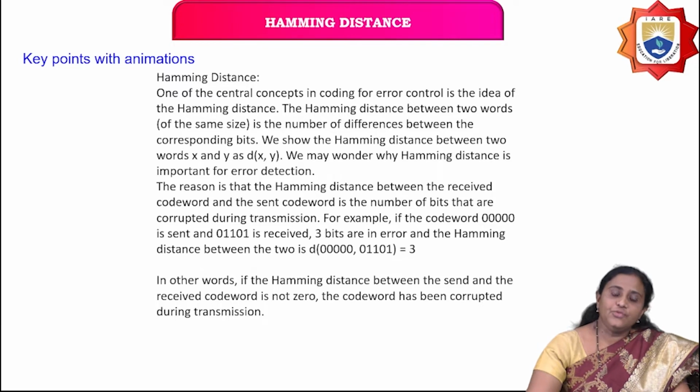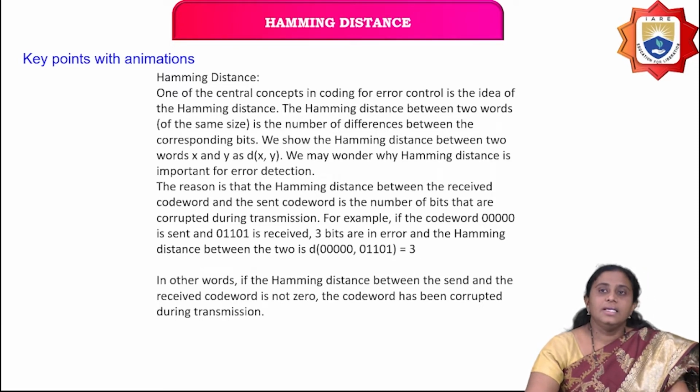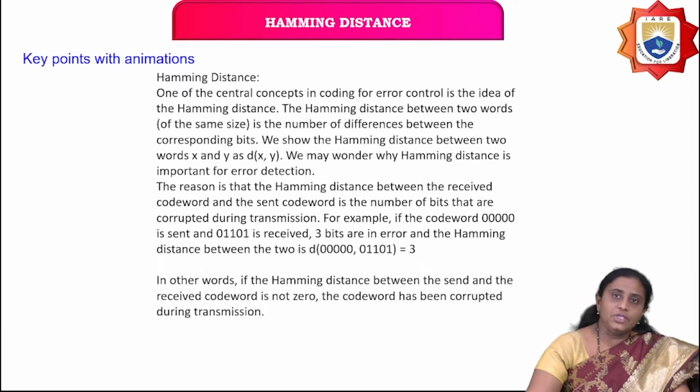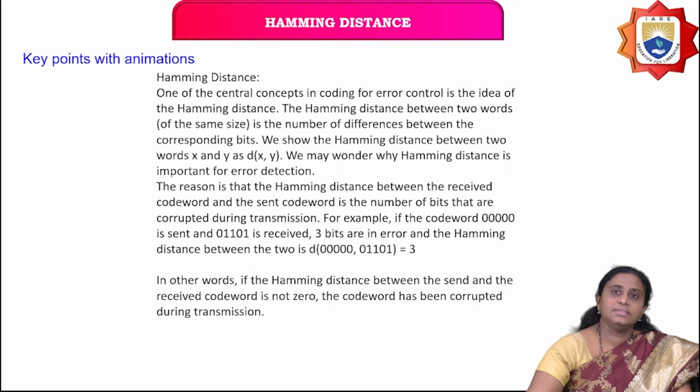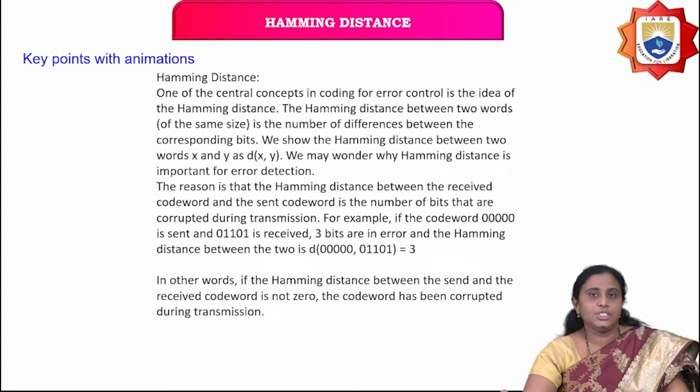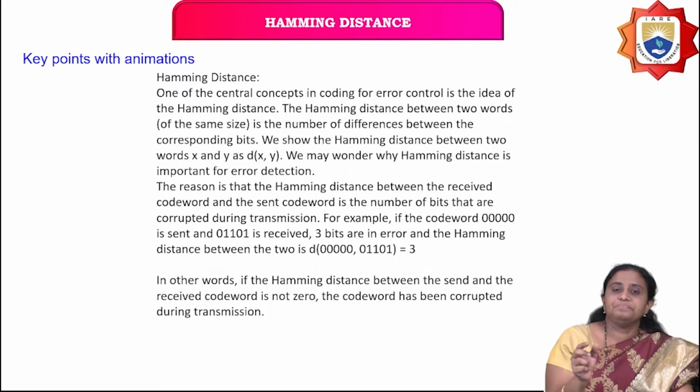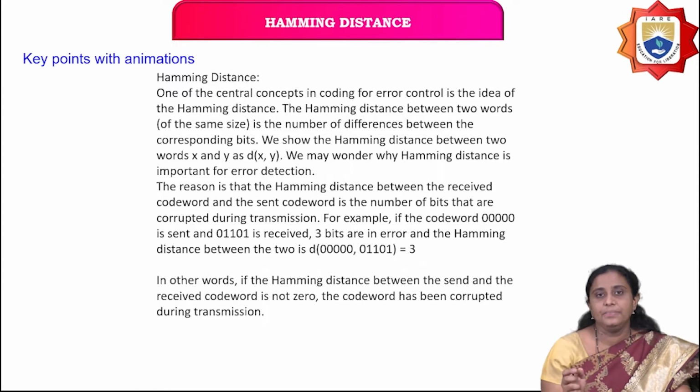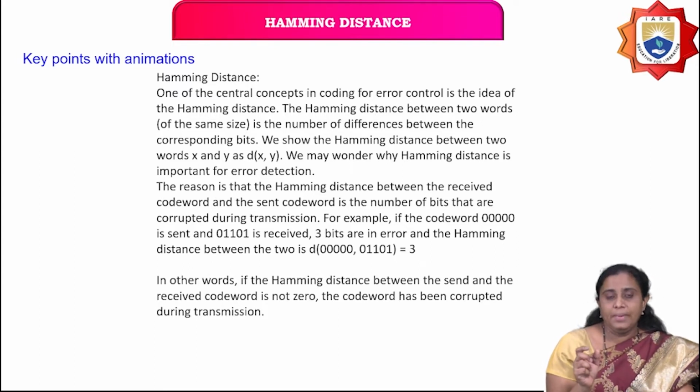In the second way, if we define the Hamming distance, it is the distance between two words of the same size, or the number of differences between the two corresponding bits. Suppose you take the example of one frame or one bit that can be transmitted from one source to the destination host.